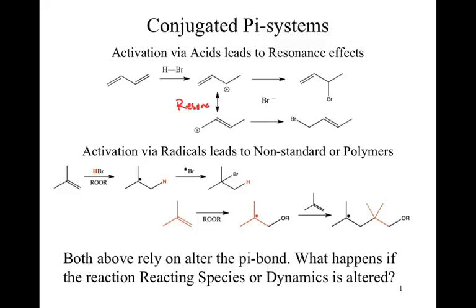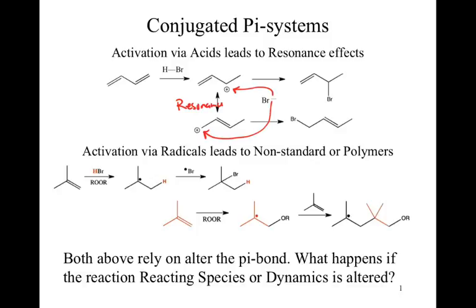So when we're looking at our resonance effect here, we now have those two being in resonance with each other, which means that bromide ion can either come in and react with either of those, producing two different products. And which product we get is going to be dependent on the rest of our reaction conditions, whether we get a thermodynamic product or a kinetic product, which again we'll talk about more in lecture.